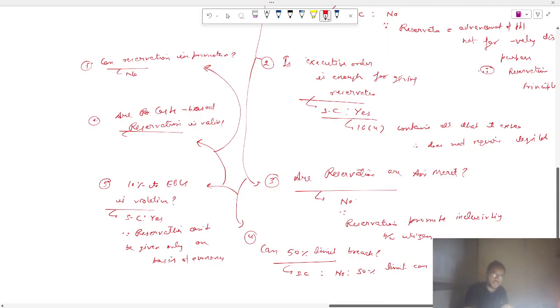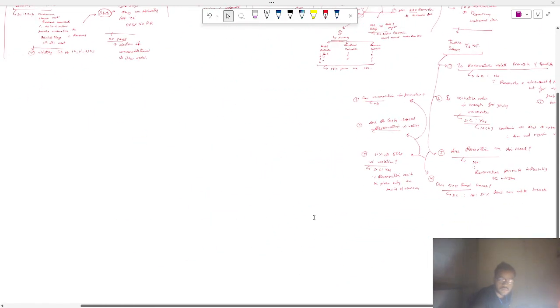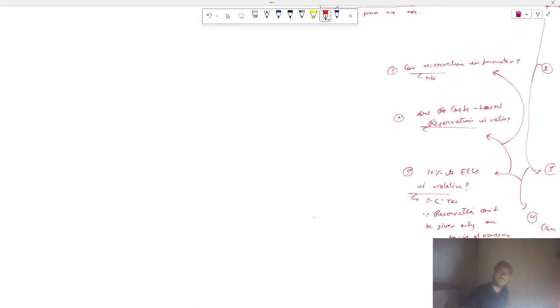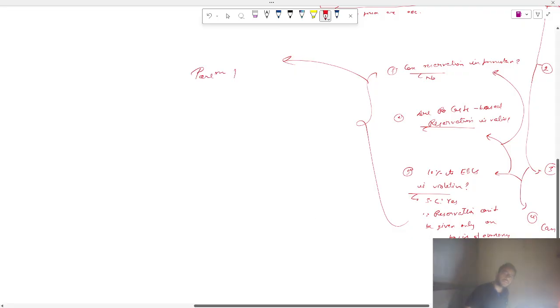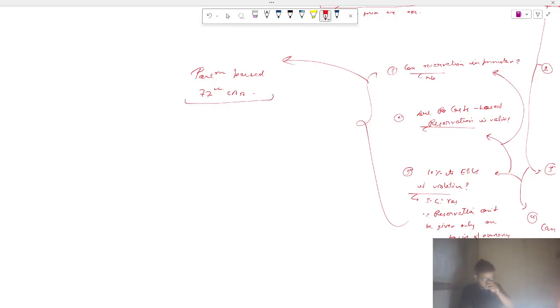So in contrast to this judgment, Parliament passed the 77th Constitutional Amendment Act and added Article 16(4A).